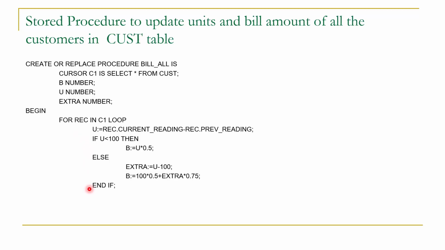Then after calculating the value of units and bill, we have to update these values in the database with the use of an update statement. Here in the where clause, we are using C number equal to rec.c number. When we use a cursor in a loop, it will update all the records of this table. This is the end of this stored procedure. You can see the code is again the same. We have just added create or replace procedure name to make this PL/SQL block a stored procedure.